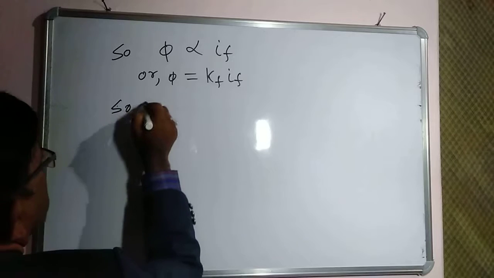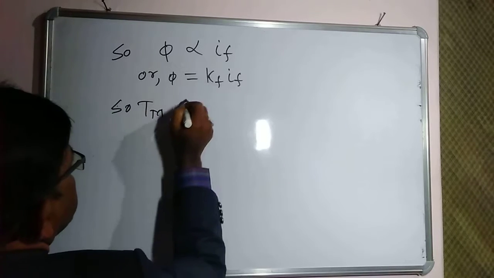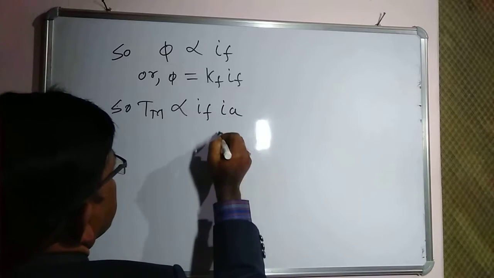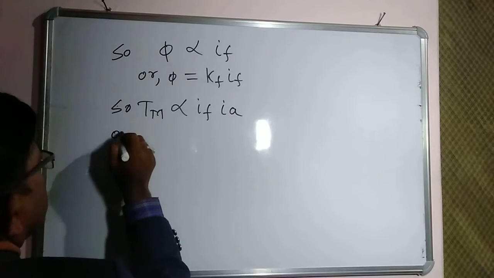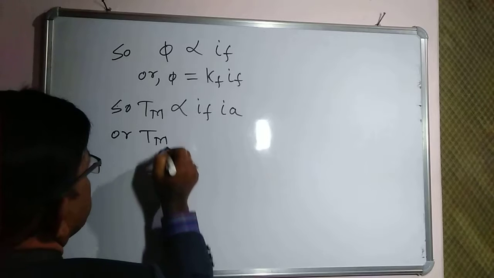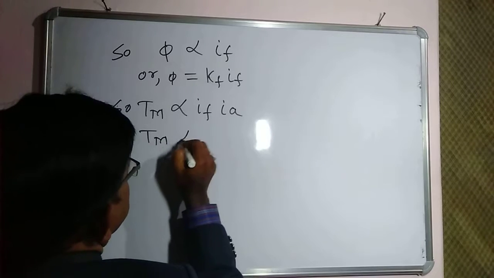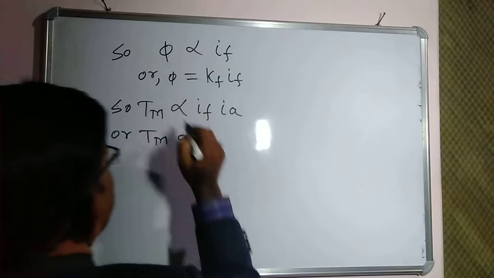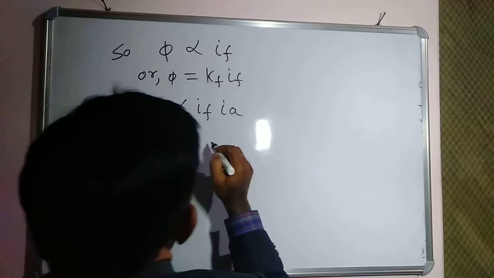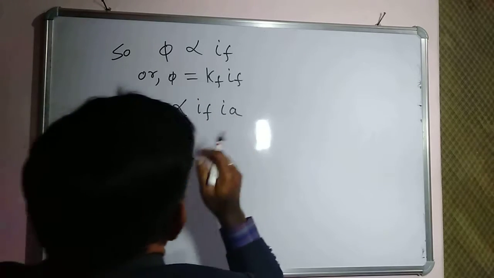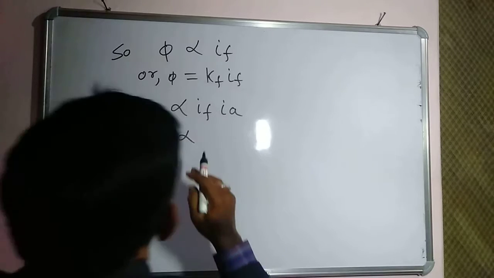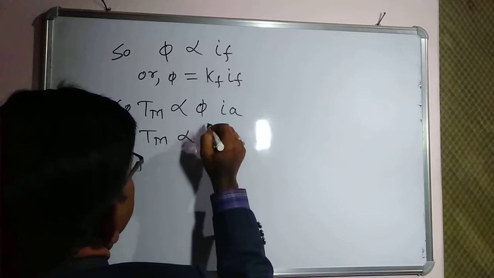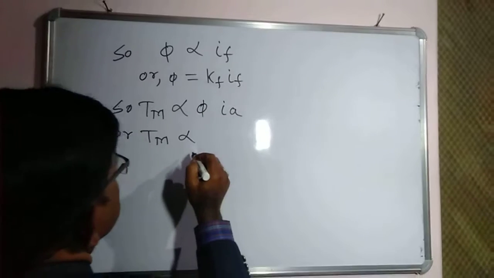So torque Tm is proportional to phi and Ia, or Tm is proportional to, putting the value of phi here, phi into Ia.